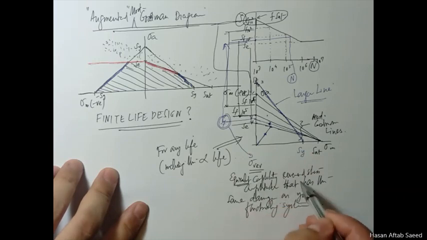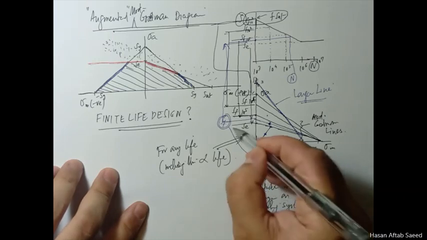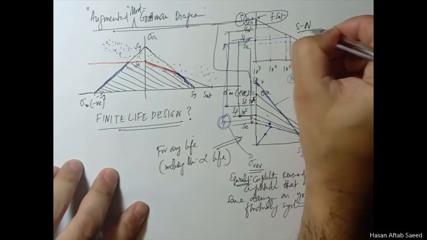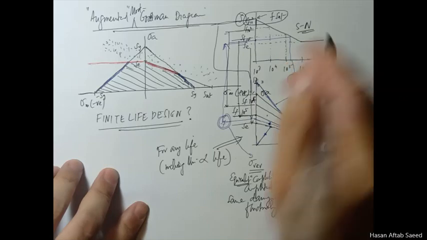So because it is an equivalent completely reversed stress, you are now entitled to go to your SN diagram, which is basically a completely reversed situation, and then read the life from there.